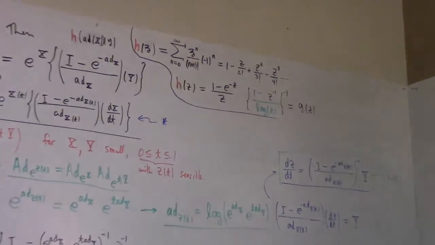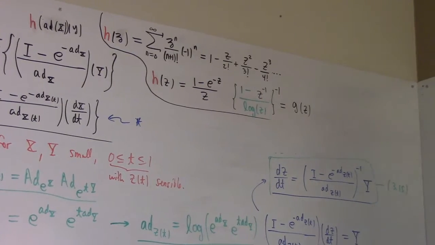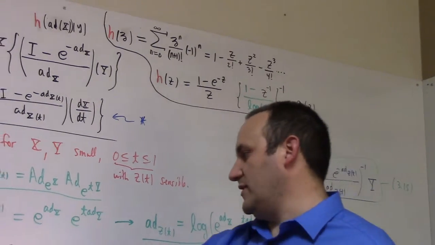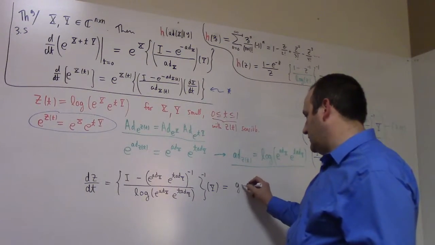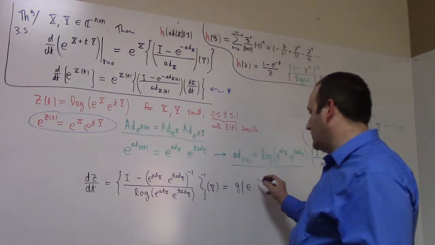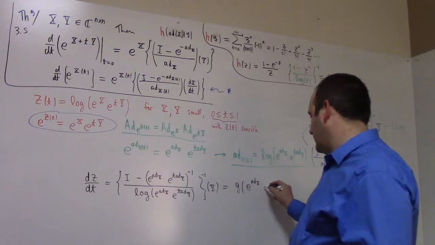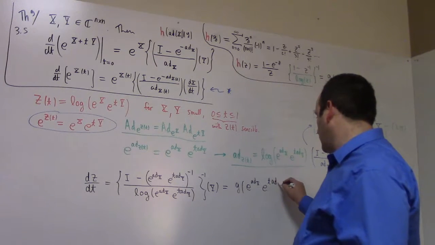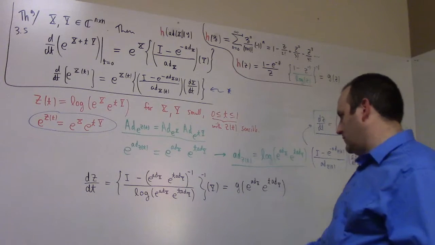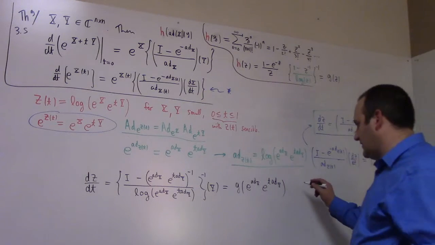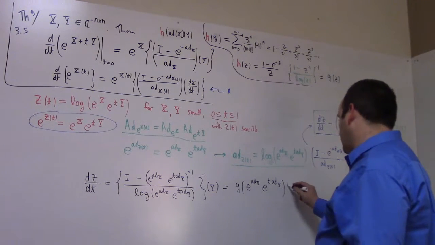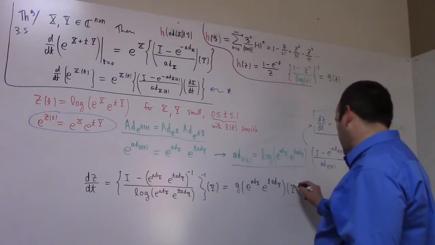I guess the point is that this is straight up G of e to the ad x, e to the t ad y, evaluated at y. Why isn't it dy dt? It's not y dy dt, because that's what we worked out to start it today, before I started saying stupid things. All right, there we go.